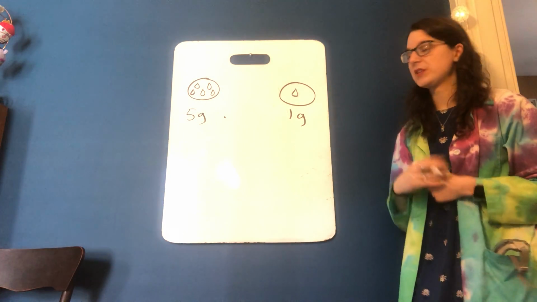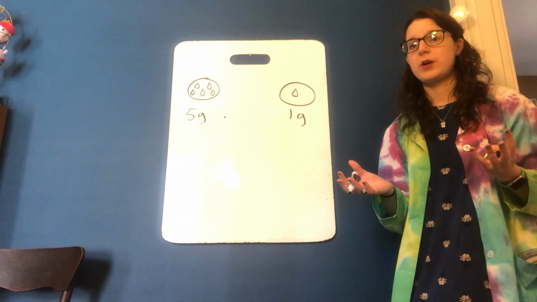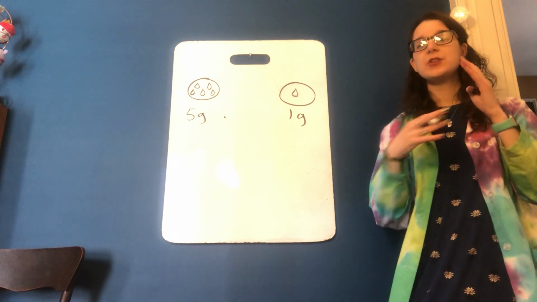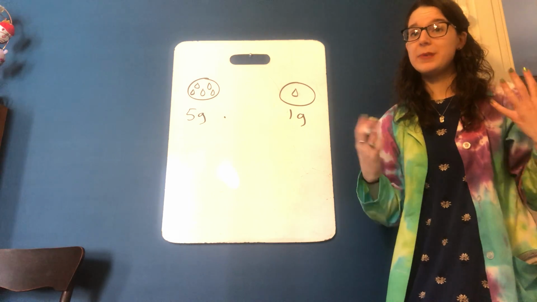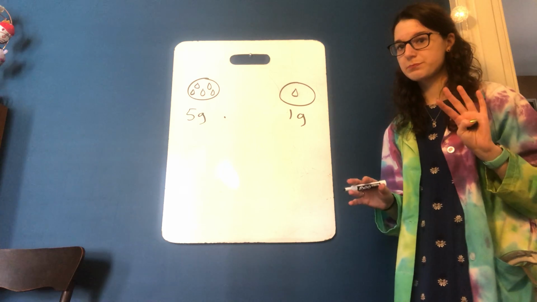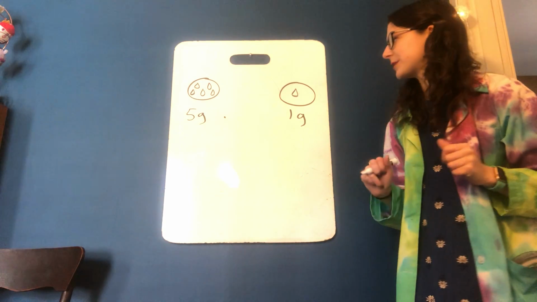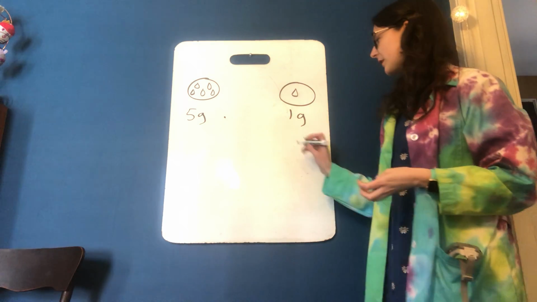So let's just say once we heated up the kernel, it popped into popcorn, and we lost all our water. Let's say that we lost 25% of the mass, meaning 25% of that kernel is water. Now that's pretty high. You should not get a number that high, but 25% is pretty easy to calculate.